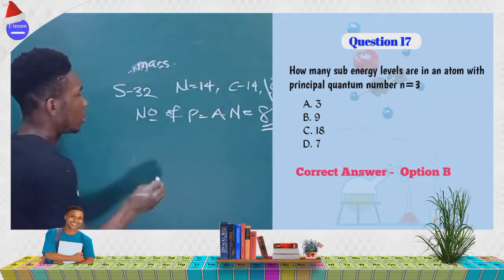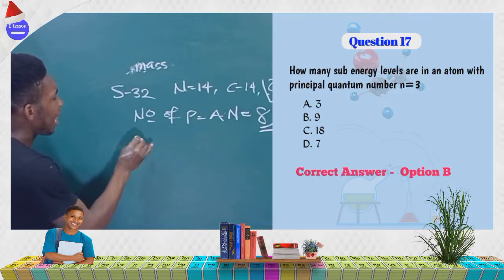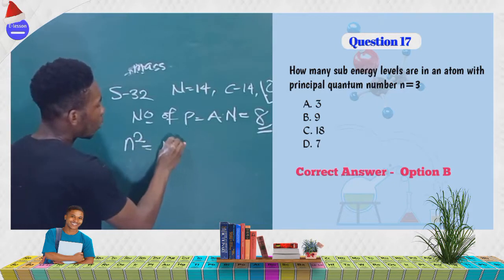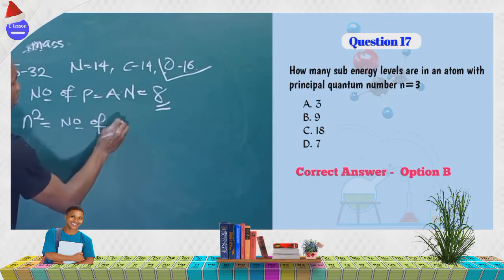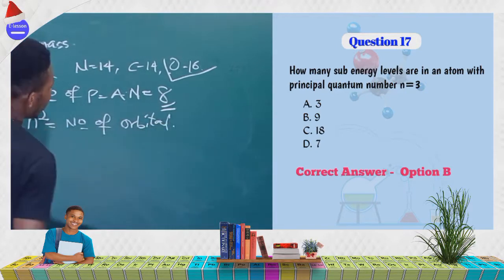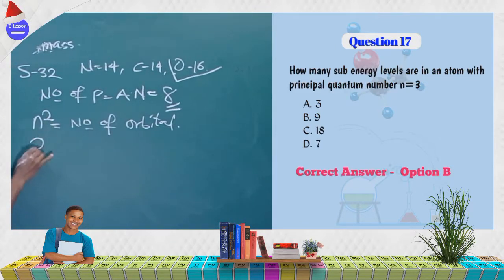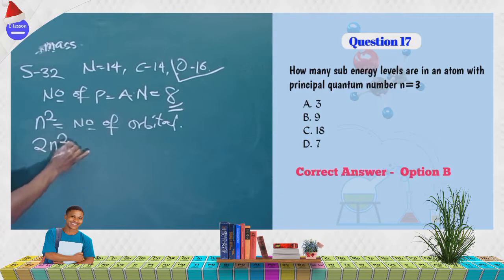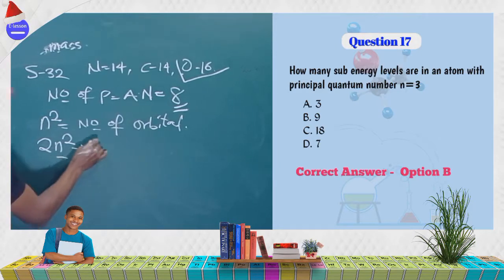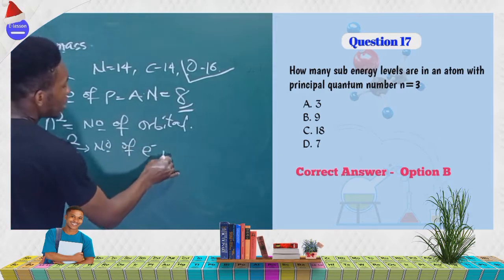Now, the number of orbitals in any shell is given by n squared, where n is the principal quantum number, while the number of electrons in that shell is given by 2n squared.